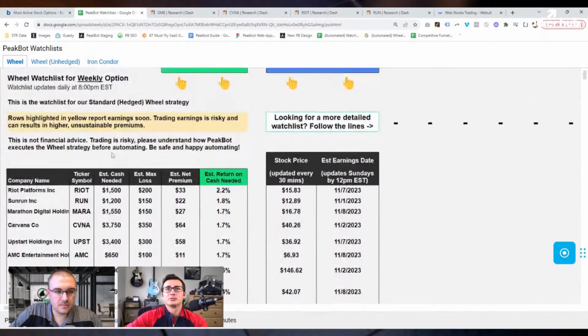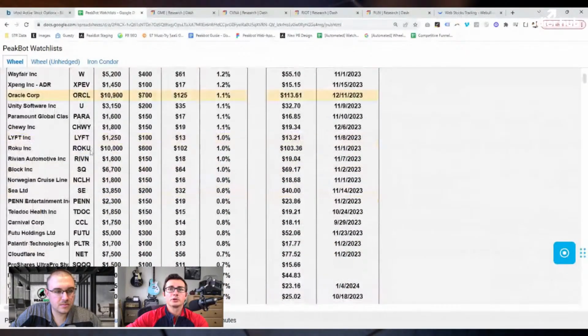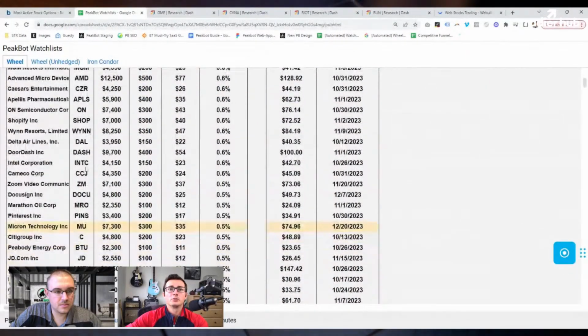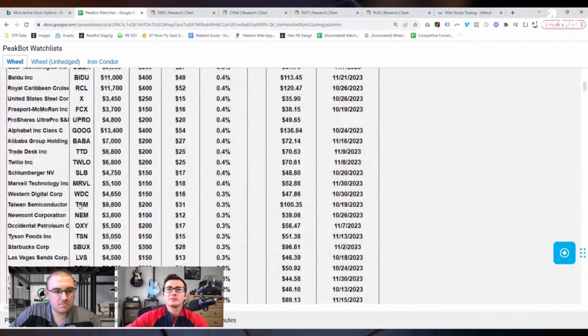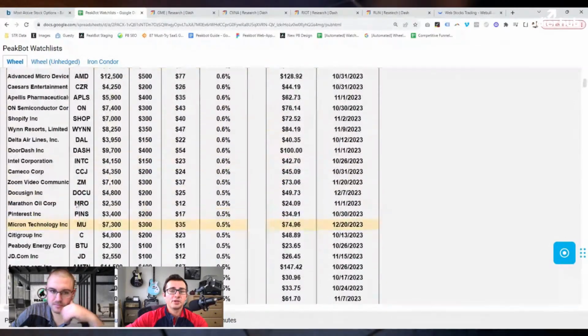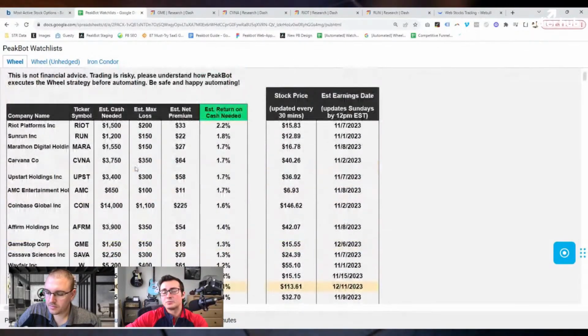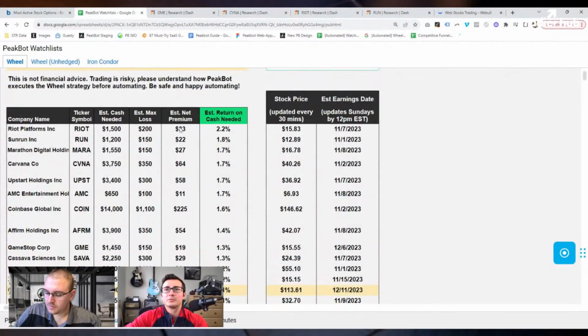Now, as it relates to earnings, we've only got 2 companies on this watch list reporting earnings this week. We've got Oracle and we've got Micron. I believe that's it. But as you can see, there are quite a few that made it onto the list this week. We do filter out any companies that aren't estimated to bring in at least $10 in net premium, because we want it to be worth it, right?